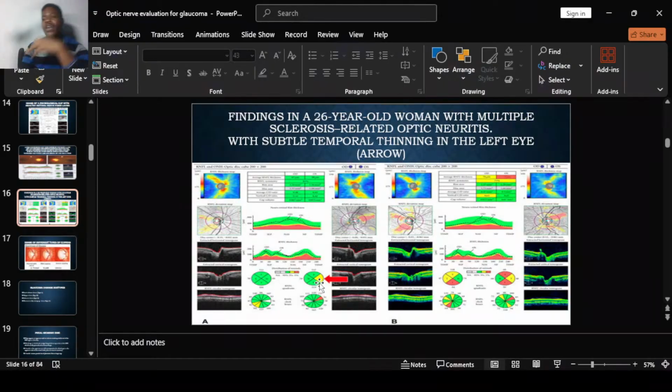So this is not a glaucomatous case, but a case of a 26-year-old woman with multiple sclerosis. Multiple sclerosis can cause an optic neuropathy, and optic neuropathy will also affect the optic nerve head. So it's important that we differentiate these two things and do not call every form of cupping a glaucomatous cupping.